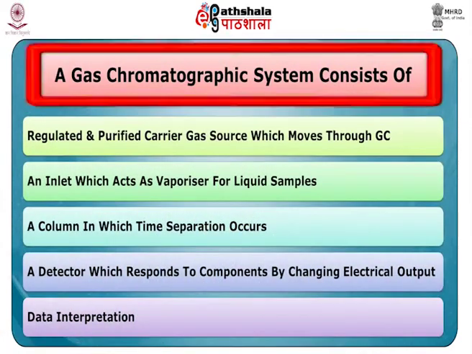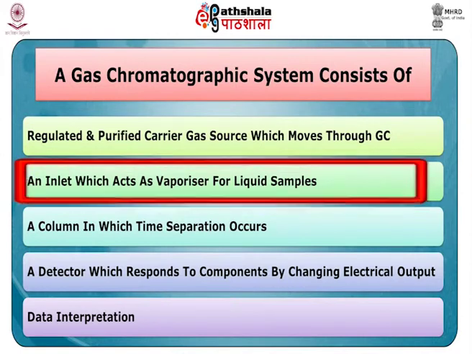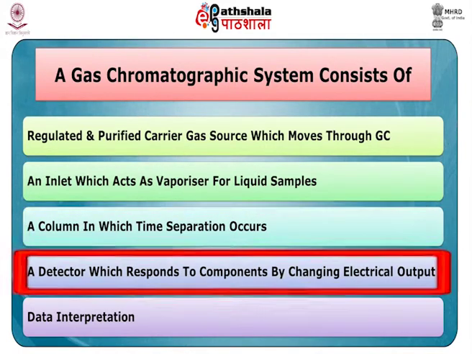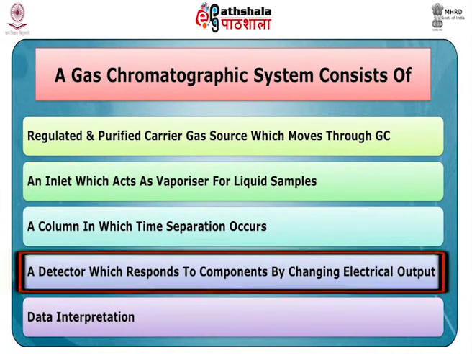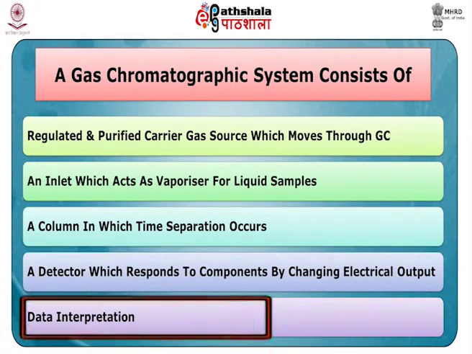A gas chromatographic system consists of a regulated and purified carrier gas source which moves the sample through the GC, an inlet which also acts as a vaporizer for liquid samples, a column in which the separation occurs, a detector which responds to the components as they elute by changing its electrical output, and then data interpretation of some sort.